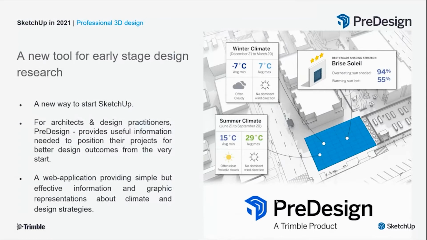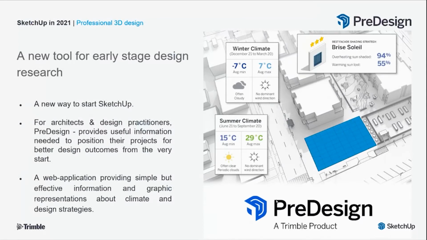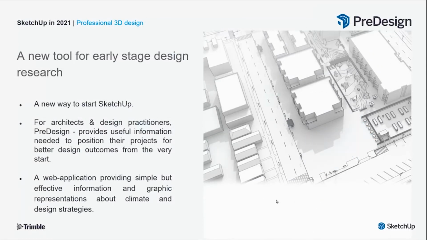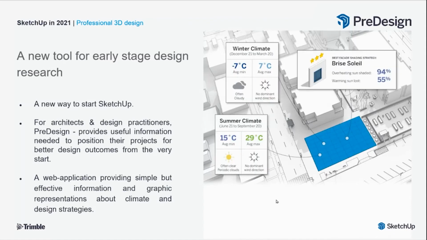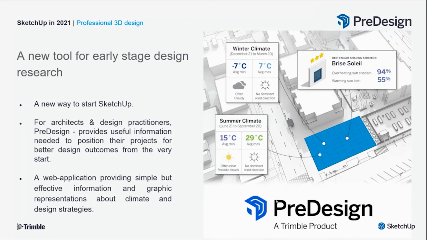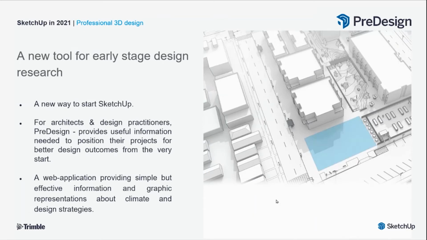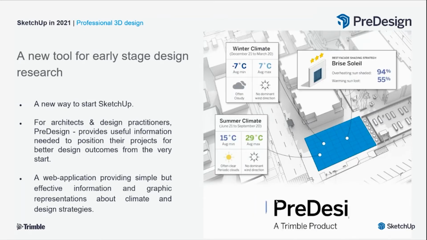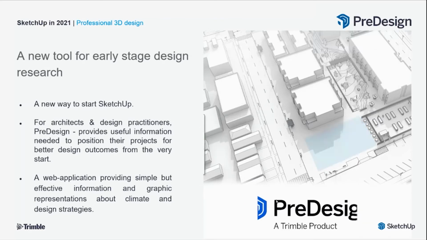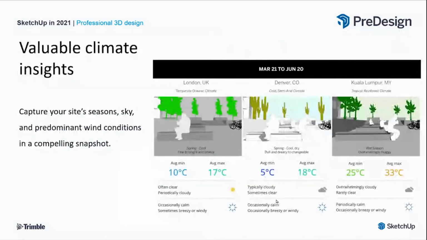It's now easier for all architects and designers to begin their project with the right set of ideas and the right set of information. This will also generate different graphical representations, so using this, you designers can convince clients or explain your project with proper evidence. Pre-design also gathers all the climate data about your site in a very user-friendly platform.